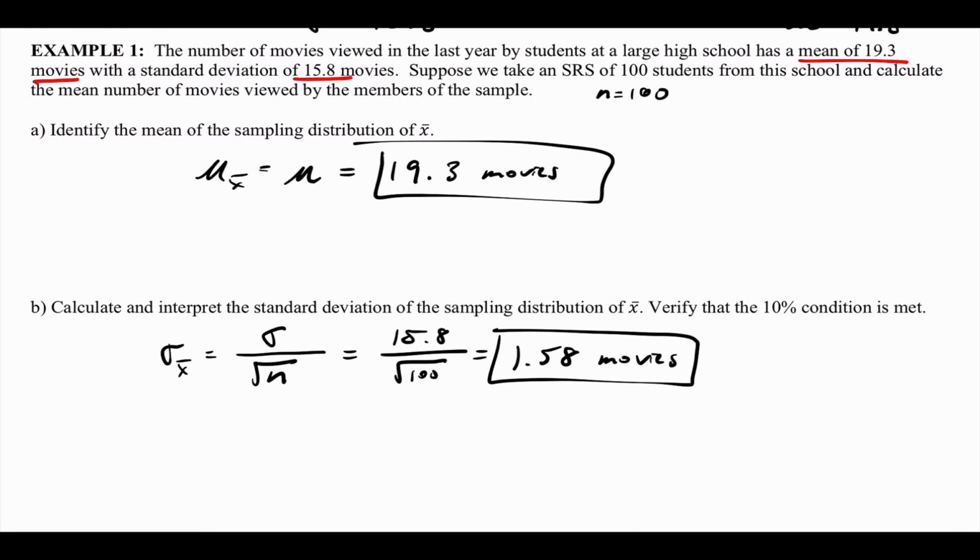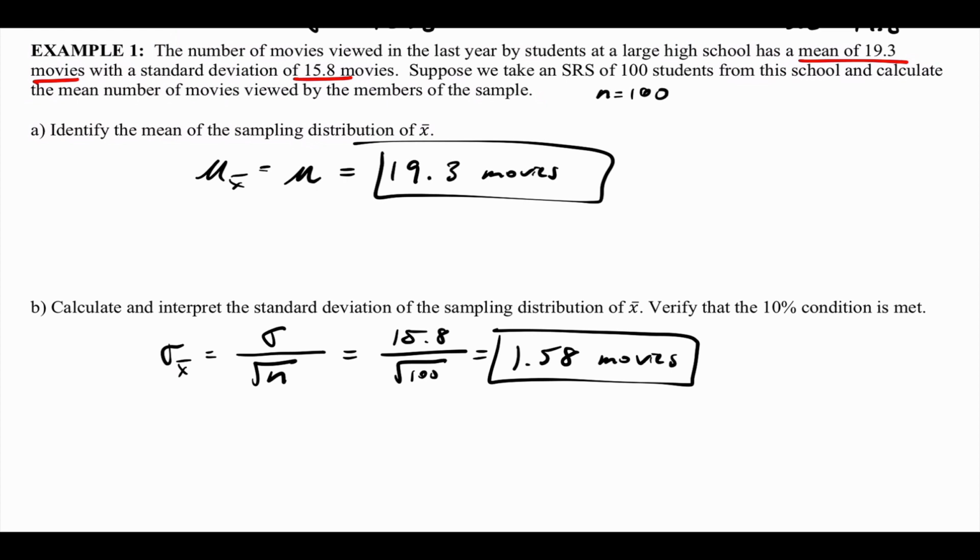I take 100 people and find out their average movies seen. The population is only based off of one. If I pick one random person, that's based off of that. The sample is based off 100. So it's 1 versus 100.